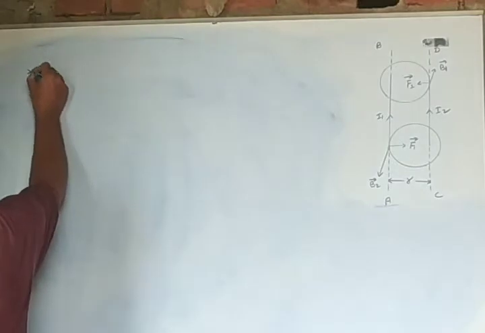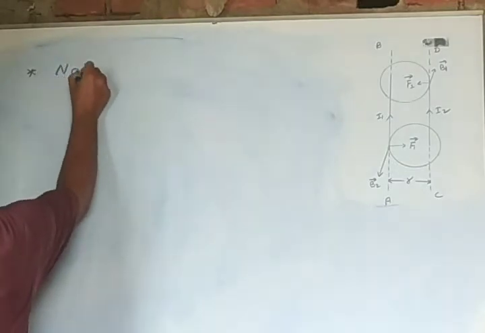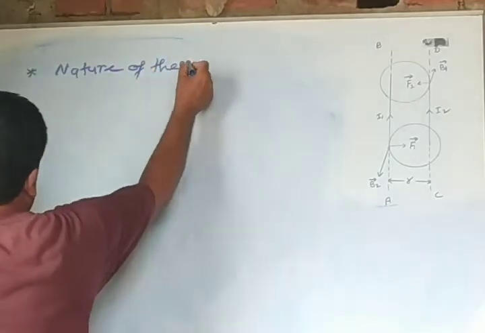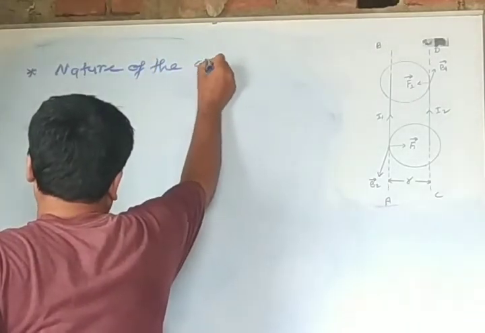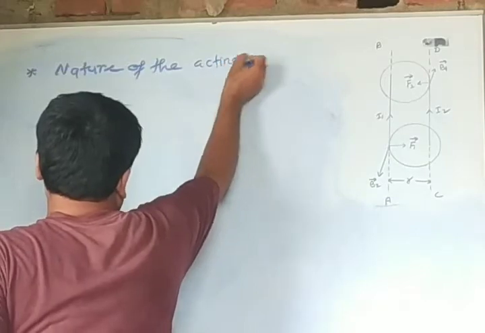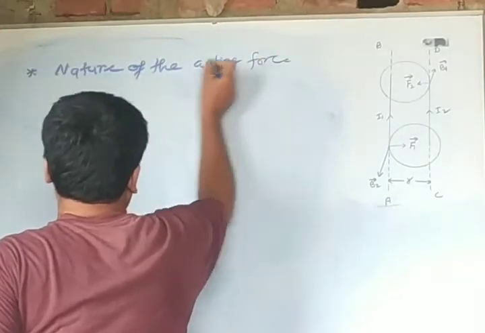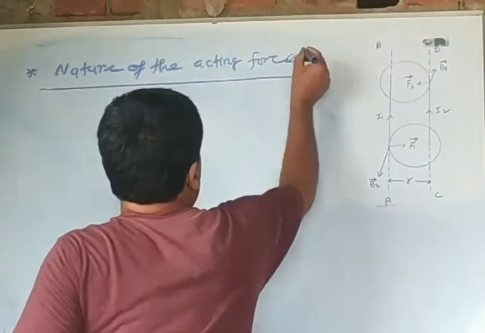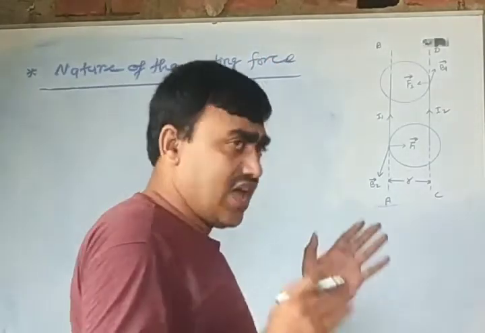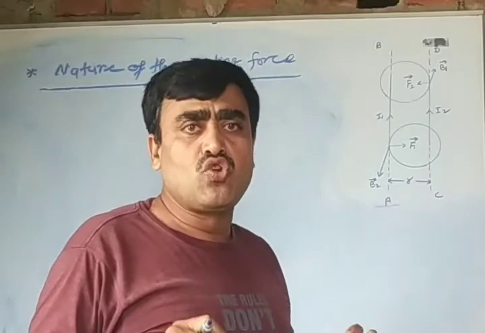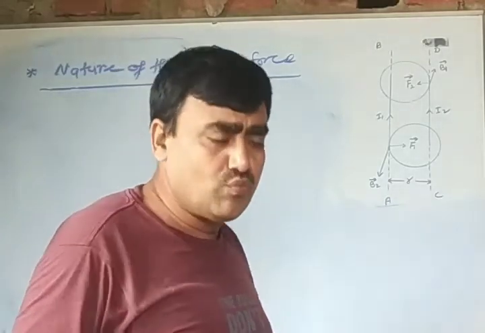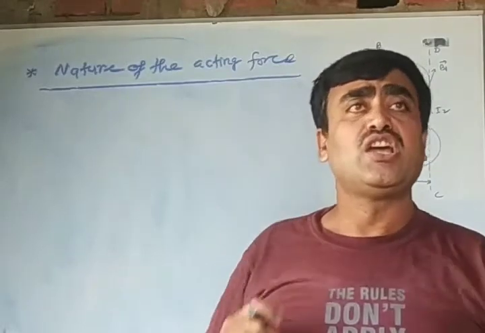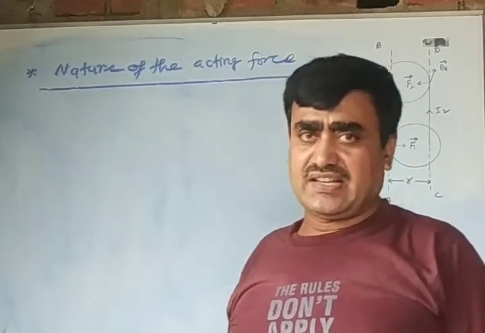Nature of the acting force: a small f, that means mu naught I1 I2 upon 2 pi r, is the magnitude of the force acting per unit length of the conductor.